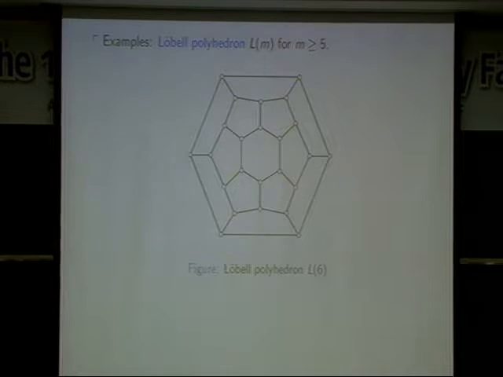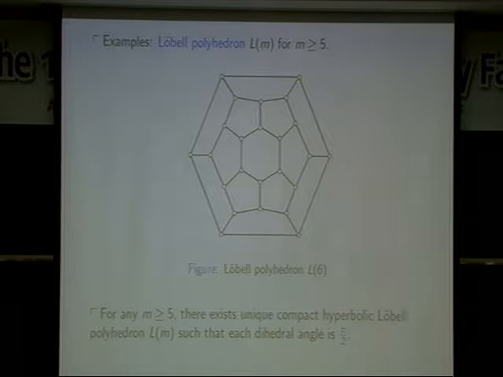Then this guy is L6, and L5, which we are already familiar with, is the dodecahedron. So for any m greater than or equal to 5, there exists a unique compact hyperbolic right-angled polyhedron such that all the dihedral angles are right angles.